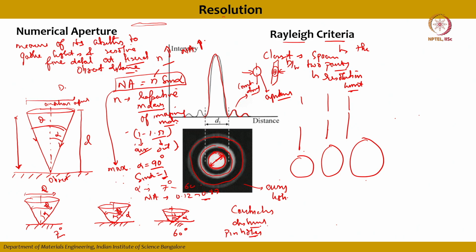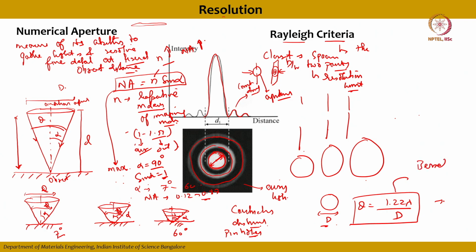So for a circular aperture of diameter d, the first minimum in the diffraction pattern occurs at theta equal to 1.22 lambda by d. D is the aperture size. Here lambda is the wavelength of the light, and this relationship comes from a Bessel function; we will not go into detail about the Bessel function.